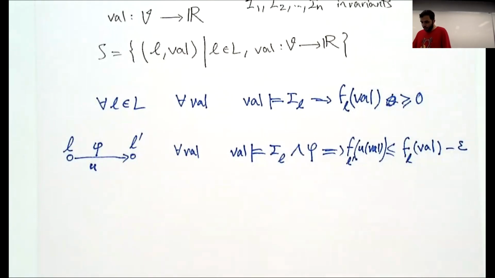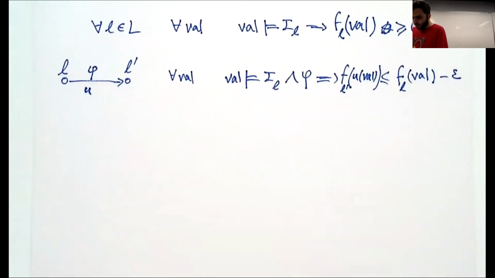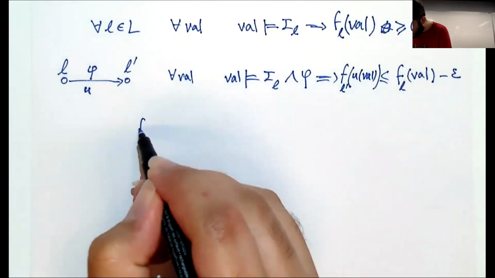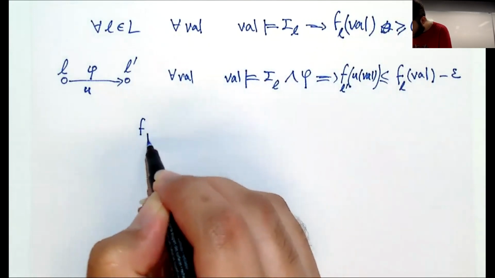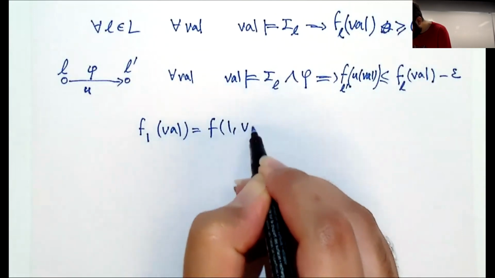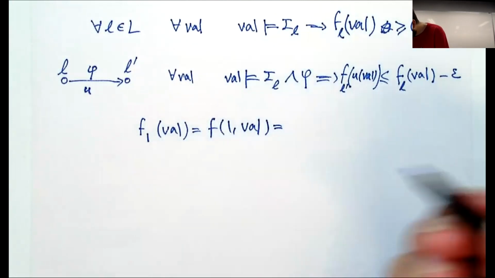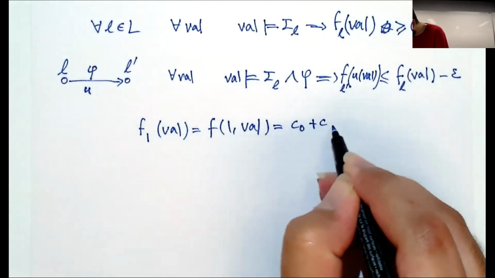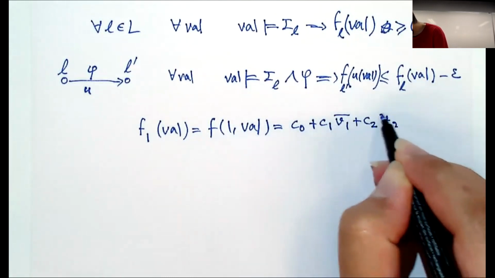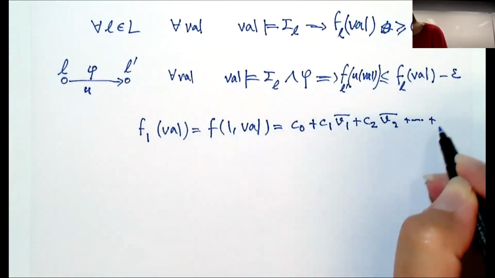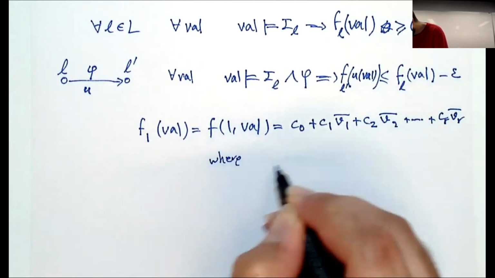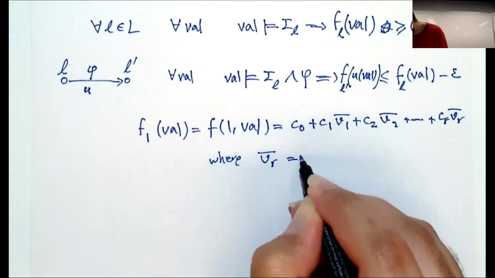Okay. So again, just like before, what I do is that I set up some template. I say that, okay, let's say that f1 of a valuation, which is basically f of 1 and that valuation, is of this specific form. It's C0 plus C1 V1 plus C2 V2, and so on to CR VR, where this bar basically means the value.